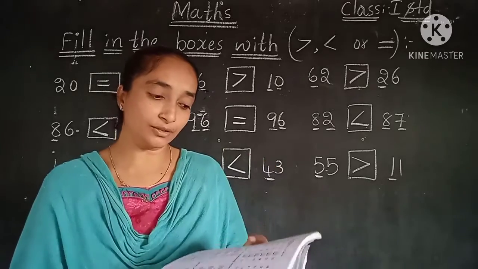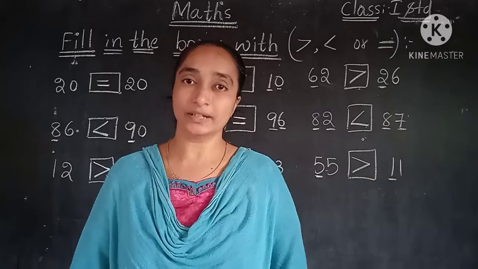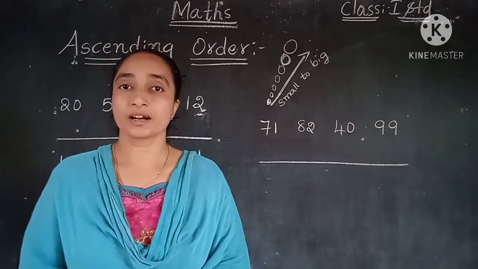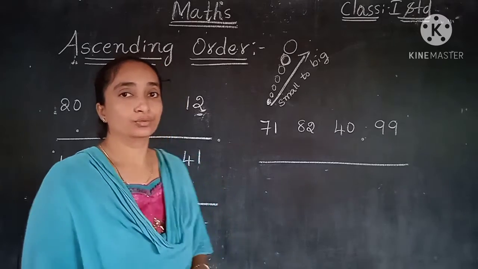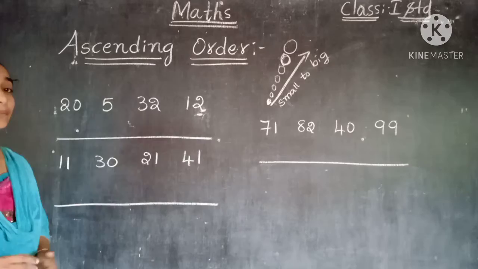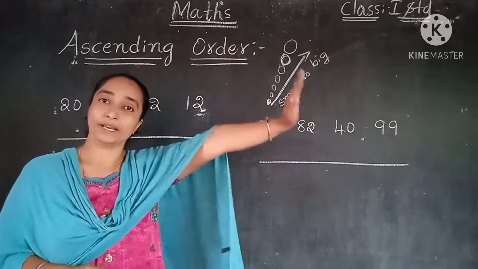Now let us see the another one, that is ascending order. Write the ascending order. So children, let us see the ascending order. What do you mean by ascending order? Ascending order means small to big.